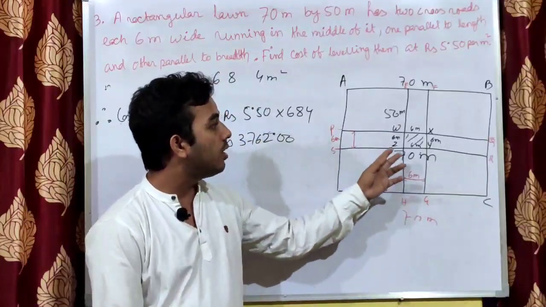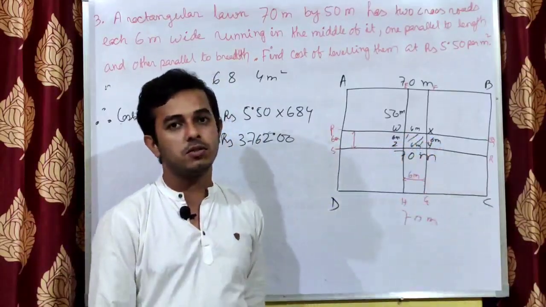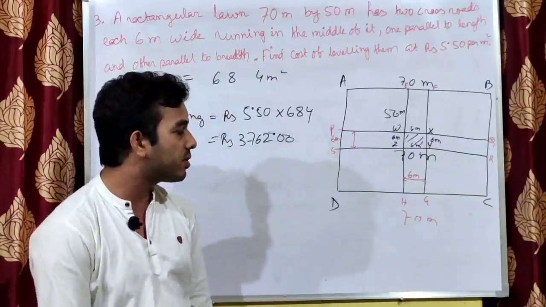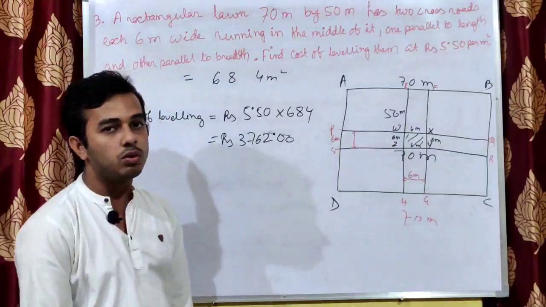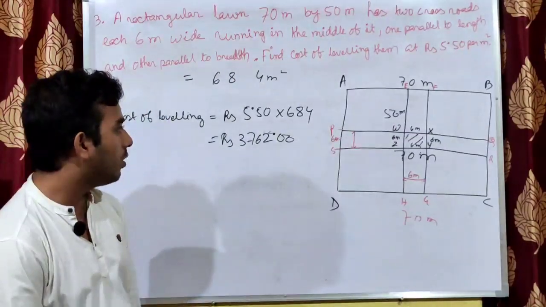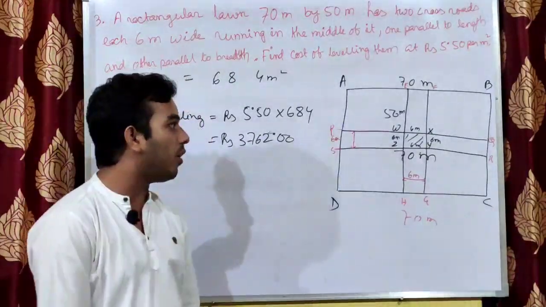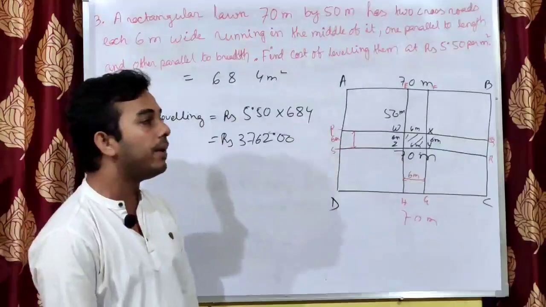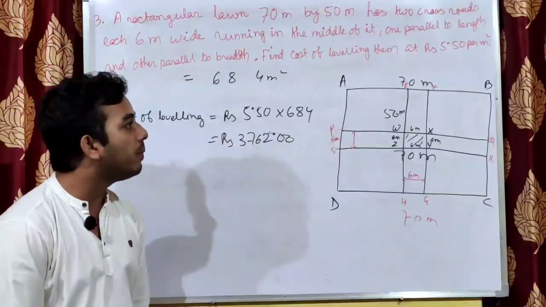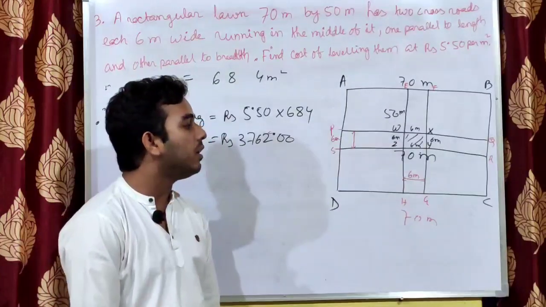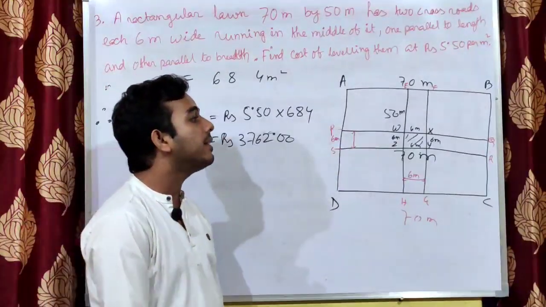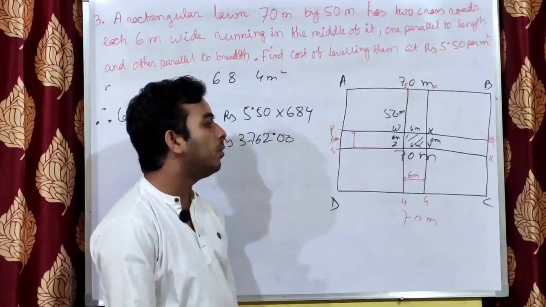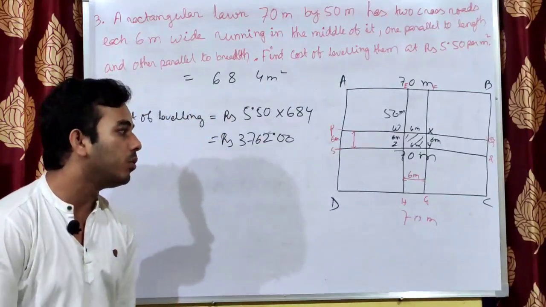That means all sides are 6 meter. So this is what? Square. So we have to subtract area of square from area of both the roads. So at last, total area of leveling will be area of EFGH plus area of PQRS, then minus the common square WXYZ.